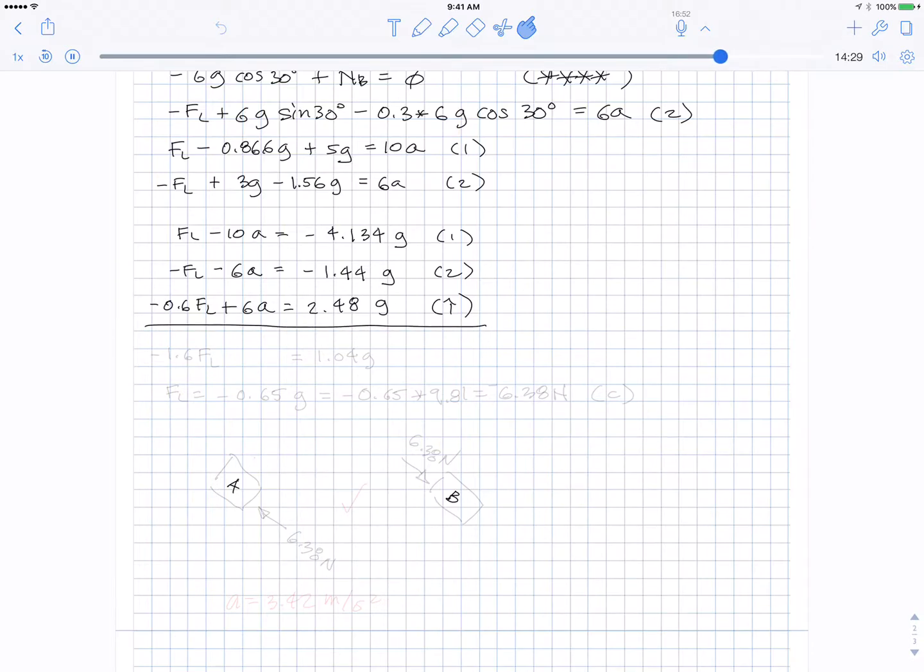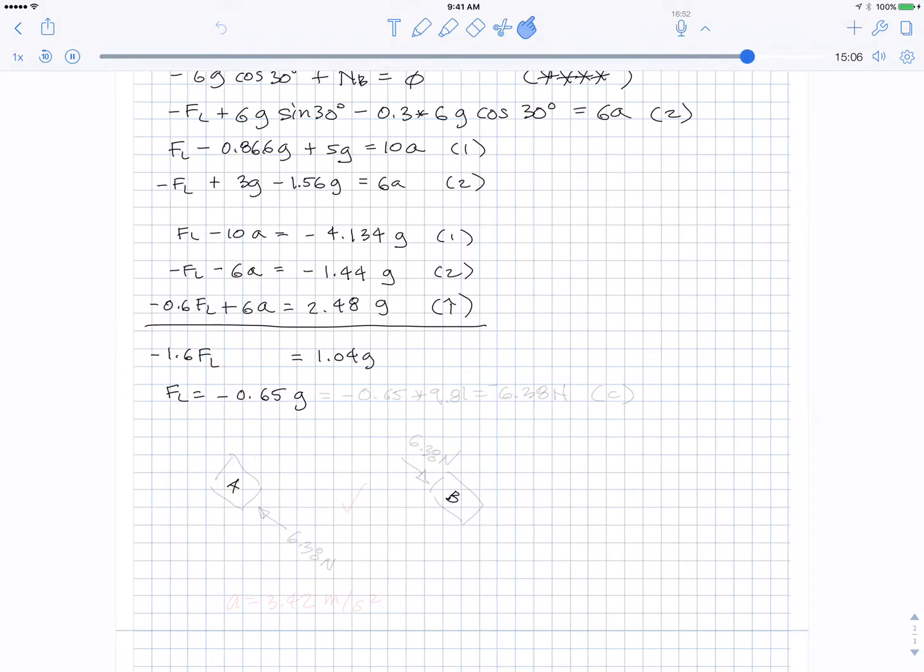Add those together: minus 1.6 force in the link equals minus 1.04G, and the force in the link is minus 0.65G, meaning the negative sign means I guessed the direction wrong.